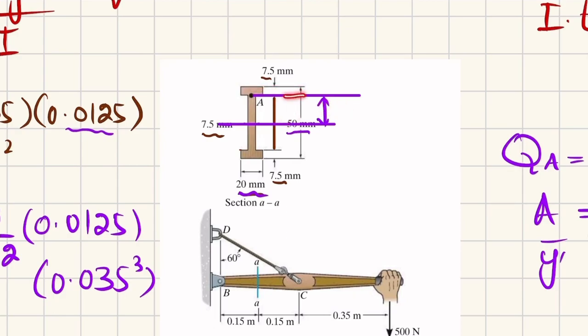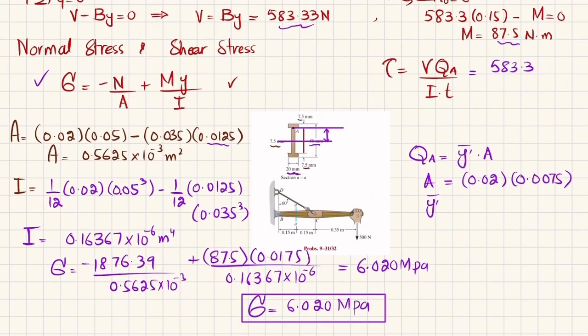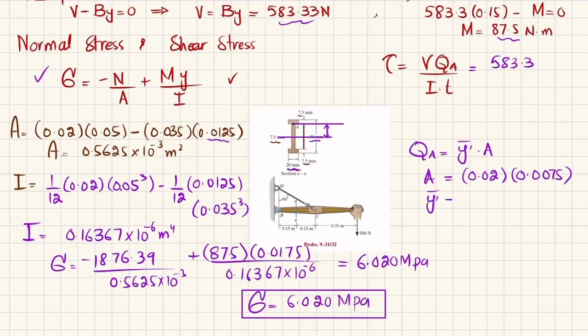Why? Because this distance was 35, so this distance is 17.5 millimeter, and half of 7.5, when you add it, will give you 21.25 millimeter. That will be equal to y dash bar. So let me write it here. So y dash is 21.25 millimeter or 0.02125 meter.